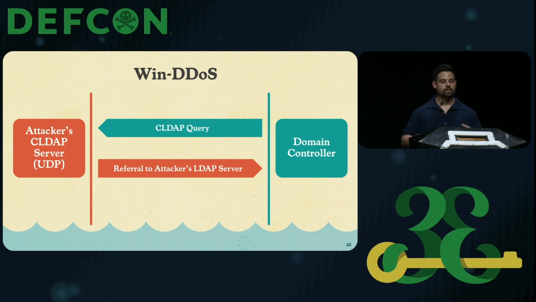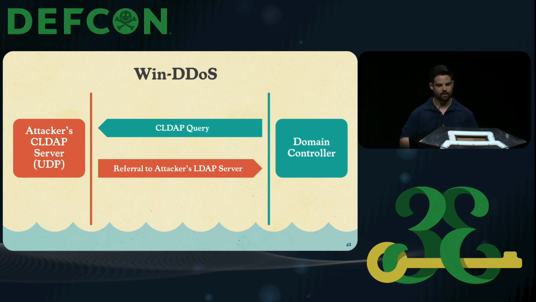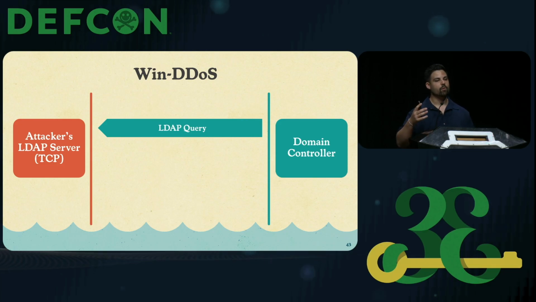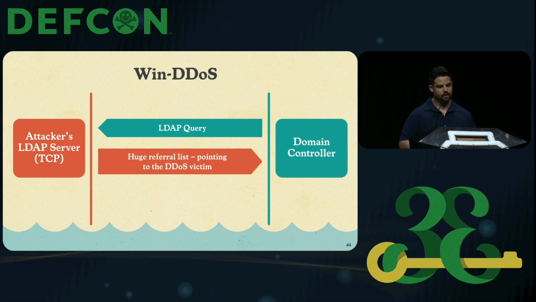The attacker's CLDAP server returns a CLDAP referral response that refers the domain controllers to the attacker's LDAP server this time in order to switch from UDP to TCP. The domain controllers send the LDAP query now to the attacker's LDAP server over TCP, and the attacker responds with an LDAP referral response containing a huge list of LDAP referral URLs, all pointing to a single port on a single IP.